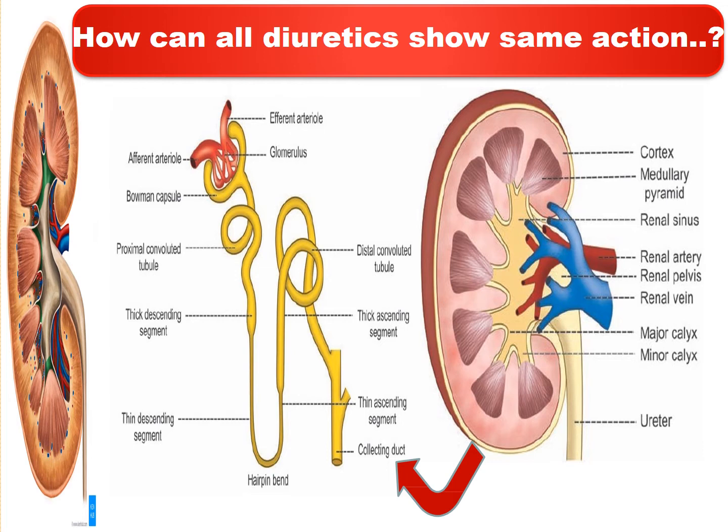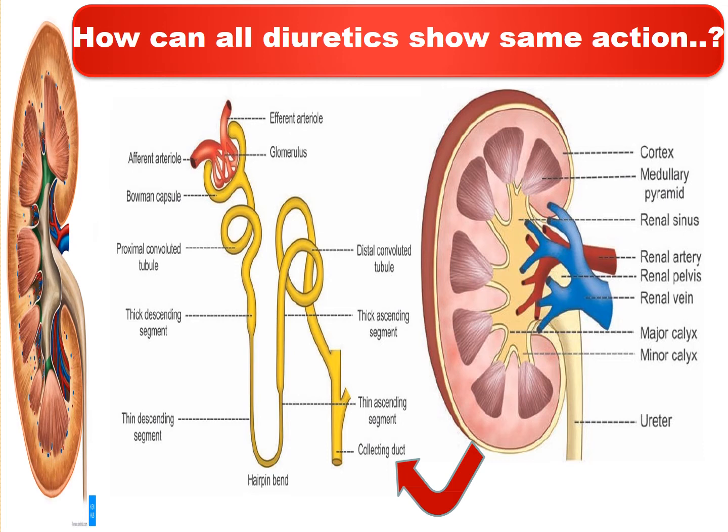Before starting the normal physiological description of urine formation, we have to know about the parts of the kidney. The kidney is composed of the cortex, medullary pyramid, renal sinus, renal artery, renal pelvis, renal vein, major calyx, minor calyx, and ureter. These are the major components of the kidney, clearly mentioned in this diagram.